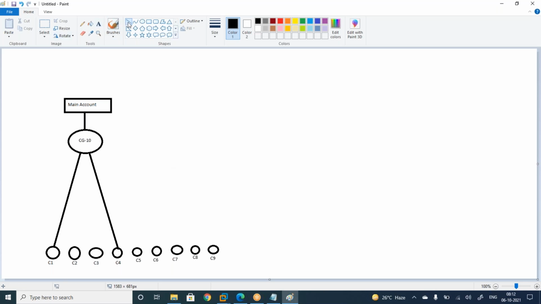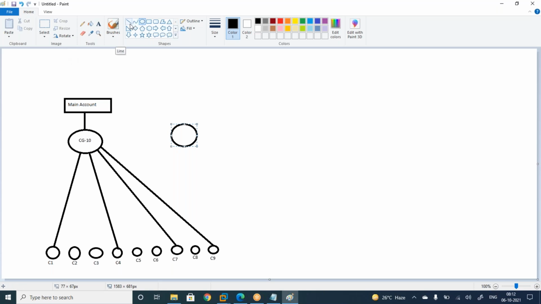It is not only 1 and 4, suppose 7 and 9 as well. Suppose customer 1, customer 4, customer 7, customer 9 are Hyderabad customers. So I have mapped them to one Hyderabad customer group, and I have mapped it to one ledger account, Hyderabad customers amount.